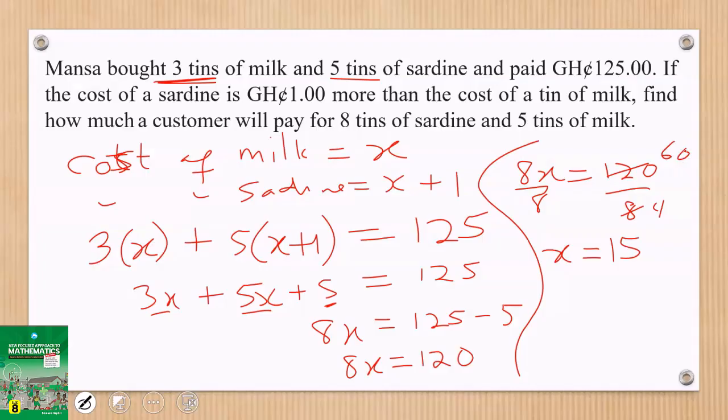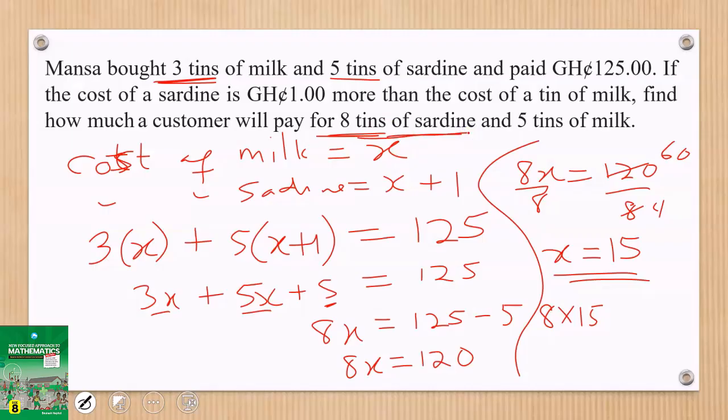Now, this is the cost of 1 tin of milk. But the question wants us to find how much the customer will pay for 8 tins of sardine and 5 tins of milk.